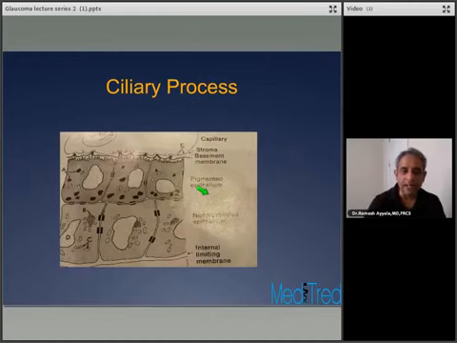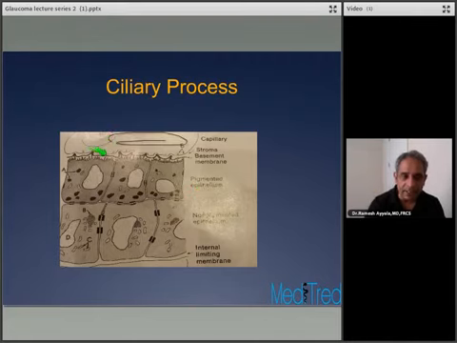Now let's look at the anatomy of the ciliary process one more time in greater detail in this cartoon version. Here is the capillary, and there is a layer of loose connective tissue, and this is surrounded by a basement membrane.